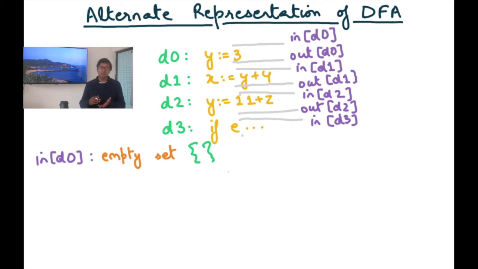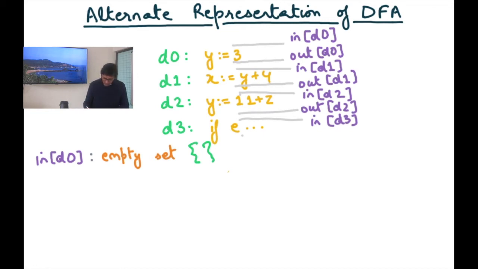So empty set basically means that all variables are absent, and recall that we assume that any variable that's absent is basically assumed to have the bottom value, so just assume that everything is bottom. That's anyway the conservative answer. By empty set, we're just encoding the fact that at this point all variables are bottom, so we can't really say anything about those variables.